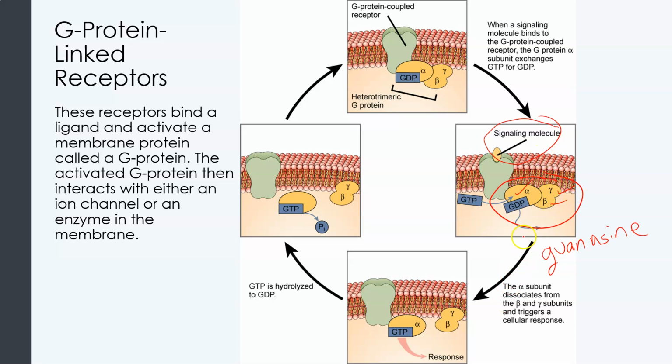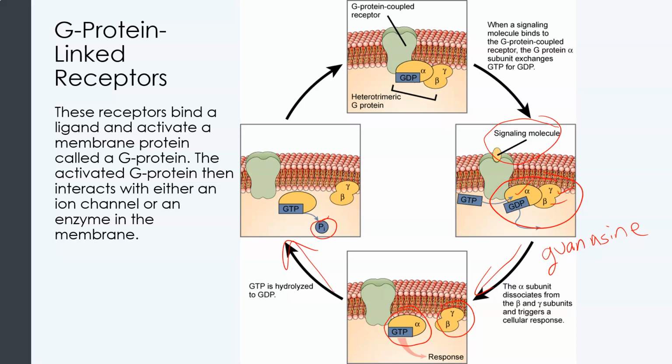So what you see happening in this next step is the GTP replaces the GDP, and the GTP and the alpha unit remain attached to the cell receptor, and the beta and gamma units detach. And then the GTP is hydrolyzed to GDP. In other words, the phosphate is removed and it becomes GDP.